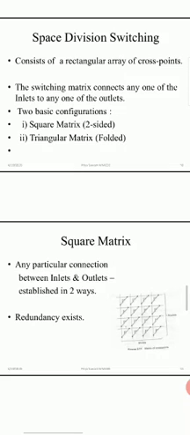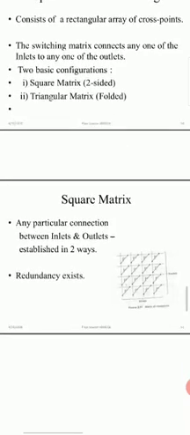The second space switch is a triangular matrix. In a square switch, we have two ways to establish a connection between inlet and outlet. So this is basically redundancy.